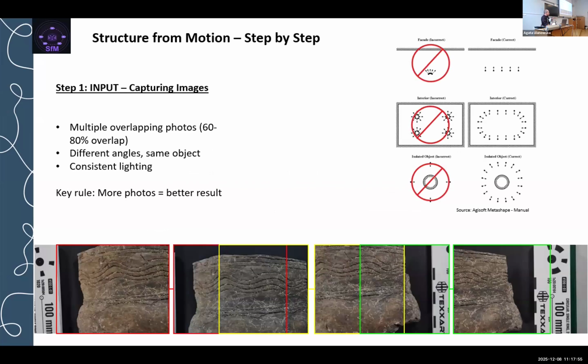First of all, we need to capture images. We need to create photographs of the object, and those photographs have to overlap each other. The perfect overlapping area is around 60 to 80% of overlap.